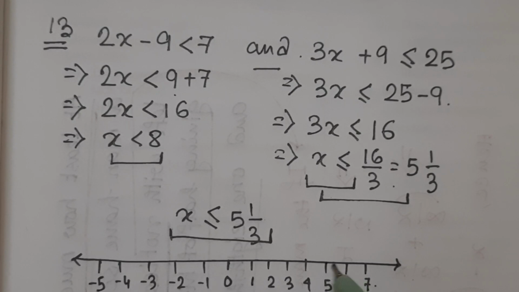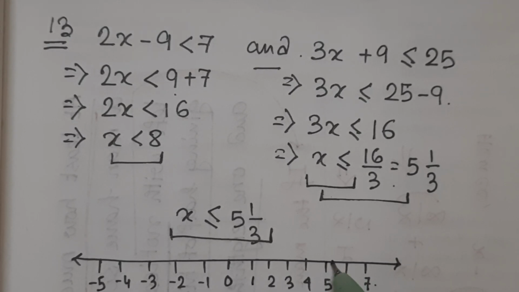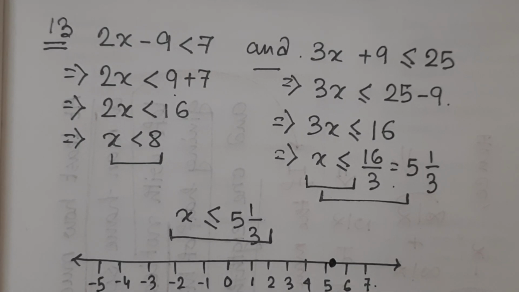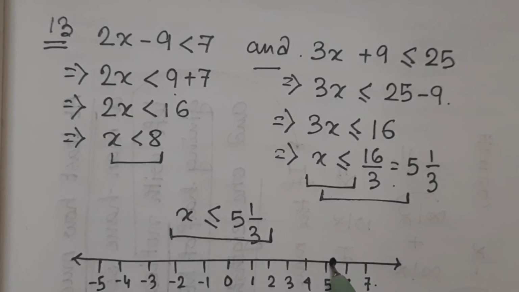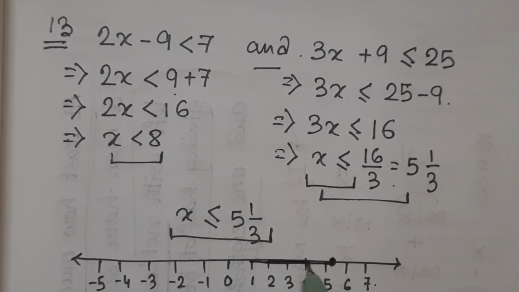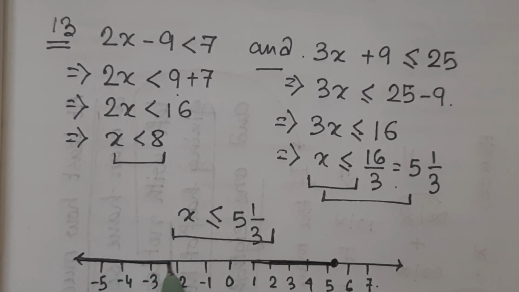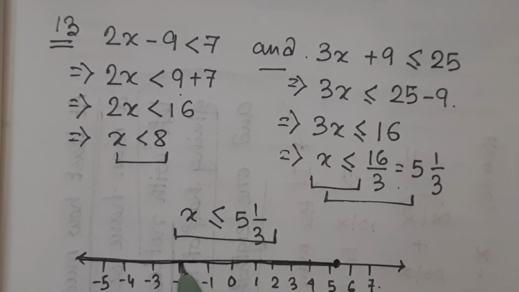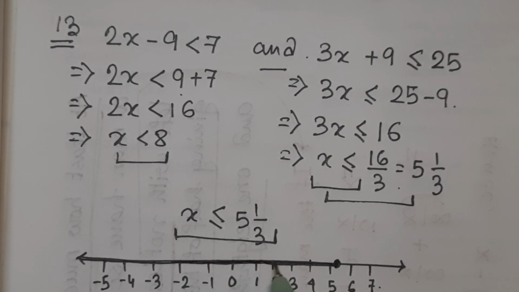If you divide it in 3 equal parts and you will take this one, so this will be 5 and 1/3. Okay, now x less than or equal to, so darken the circle and this entire part. This entire part will be under consideration.